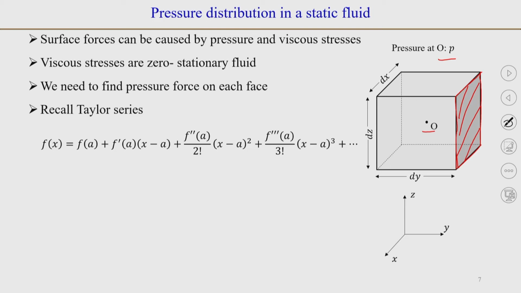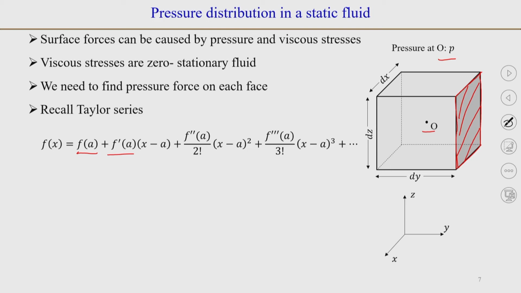So, let us remind ourselves what Taylor series is. Using Taylor series we can obtain f(x), knowing f at x is equal to a. We can obtain f at a point x, where f(x) is equal to f(a) plus f dash a, where f dash a is the derivative of f with respect to x, so f dash is del f over del x.